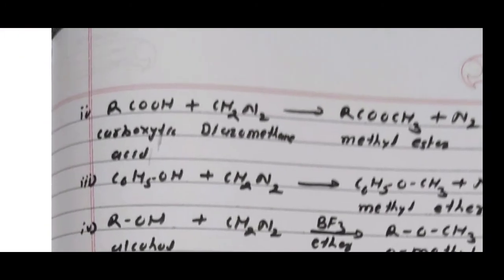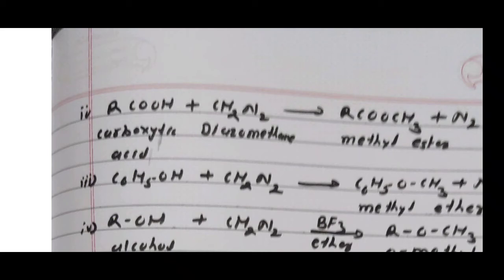Then the second reaction: RCOOH, that is carboxylic acid, plus CH2N2 diazomethane gives methyl ester, RCOOCH3, and N2 is released in the form of N2 gas. Therefore introducing CH3 is a methylation reaction.